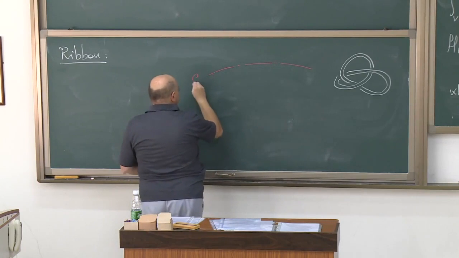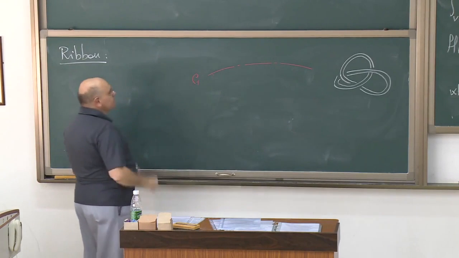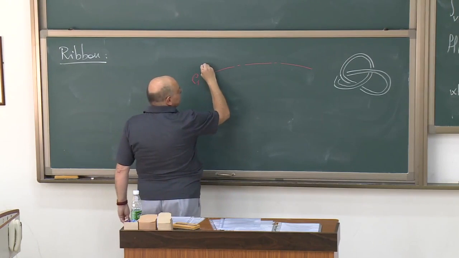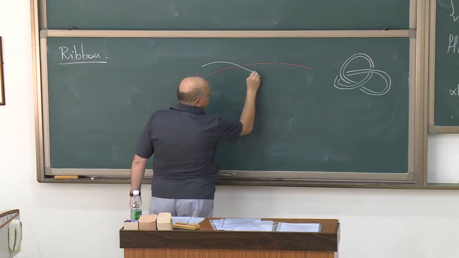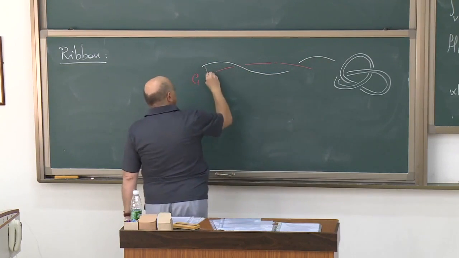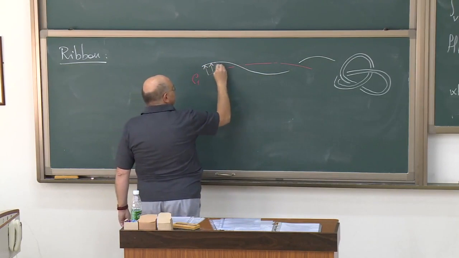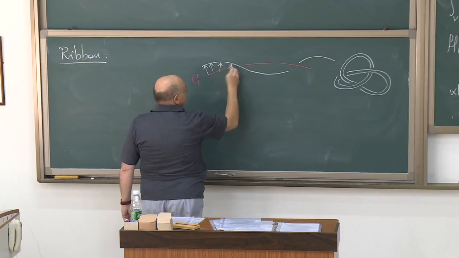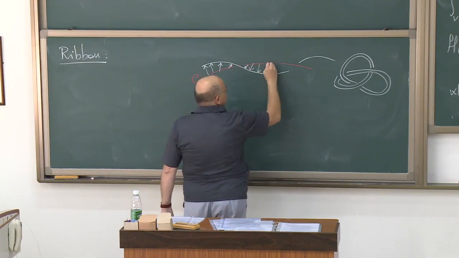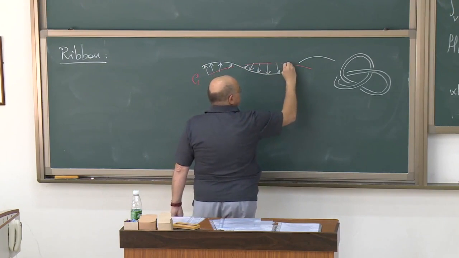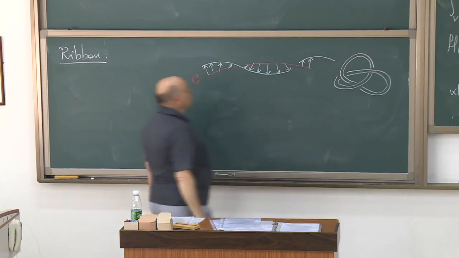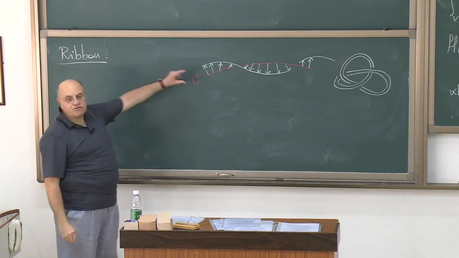This is C1. And then I have a second curve, this one, that goes like this. And I construct this as a ribbon. The idea is that maybe by using this ribbon model, I can come up with some information on topology, the topology of this ribbon.